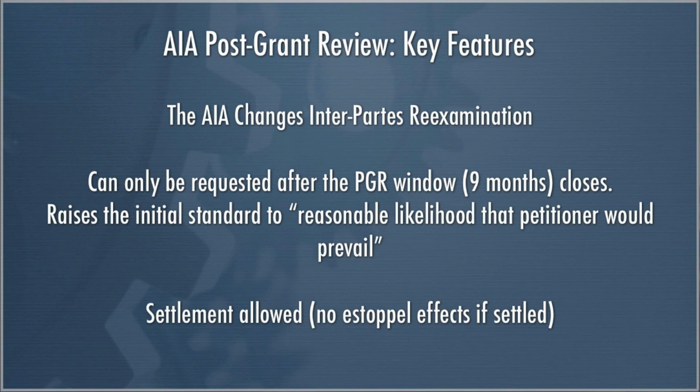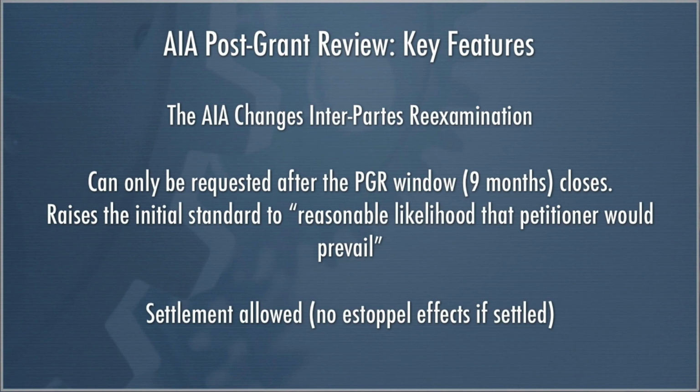So the other thing that the America Invents Act does is it also beefs up inter partes re-exam, right? So as we noted earlier in the class, because of various features of the inter partes re-exam, not a lot of people, in fact hardly any people, had used it. The America Invents Act is trying to beef this up, trying to make it a more significant part of post-grant review.